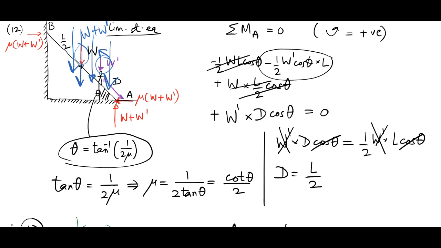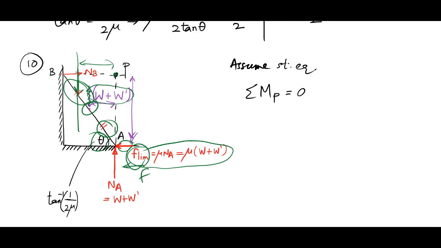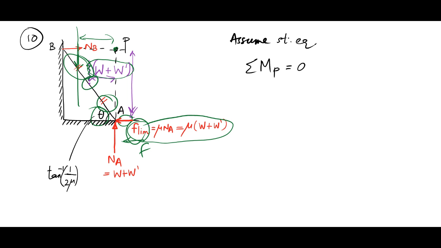So this entire question number 12, which actually just asks you what is the maximum distance a man of weight W dash can ascend the ladder without disturbing its equilibrium, can be solved by an analogy of taking this sort of non-uniform ladder. Once you have solved question number 10, then you convert the ladder into a non-uniform ladder of weight W plus W dash.